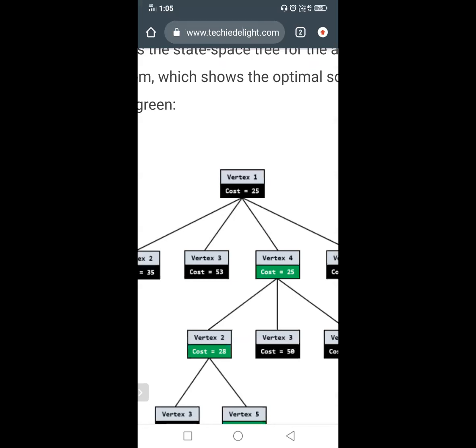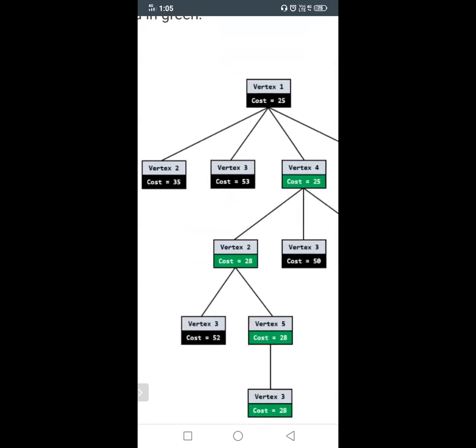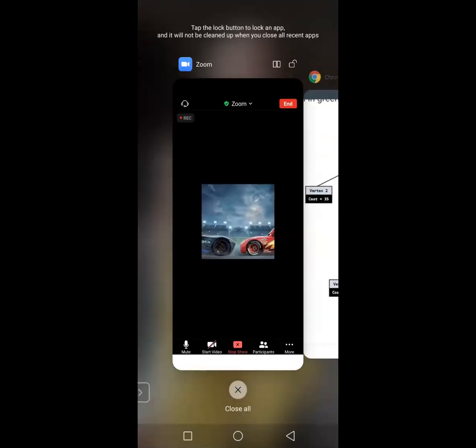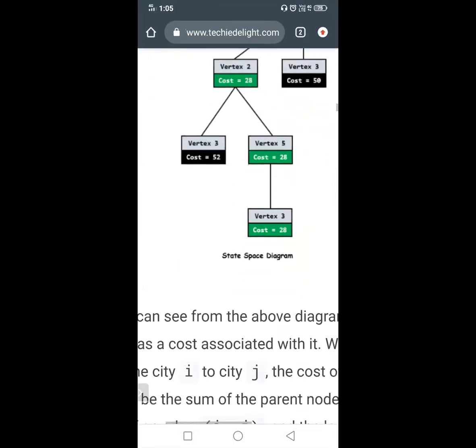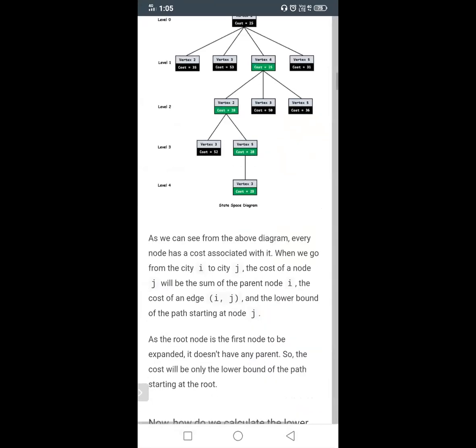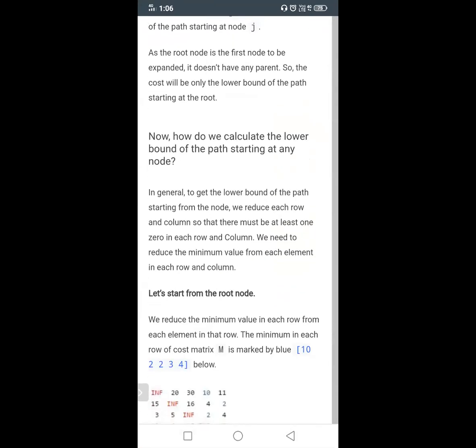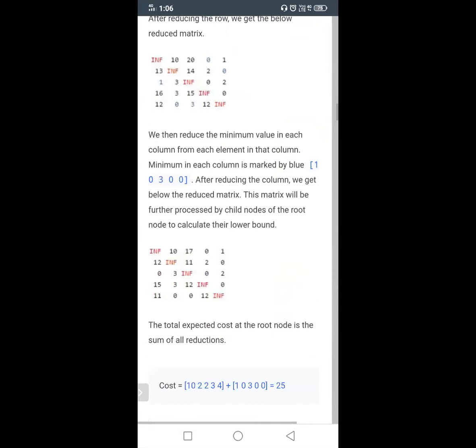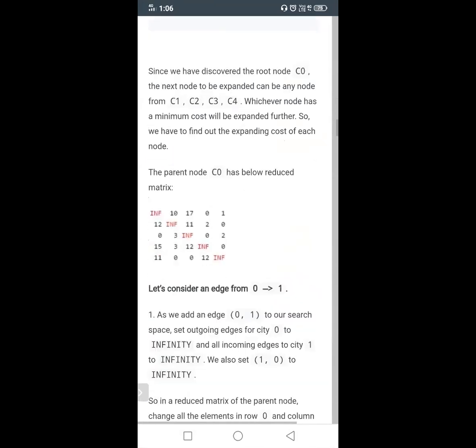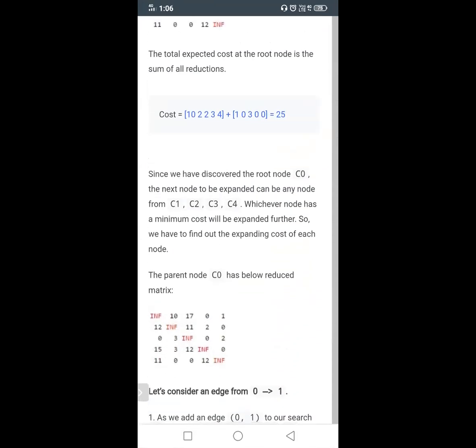So next, which vertex are we going to move to, expand? For that, what is the parent node here?